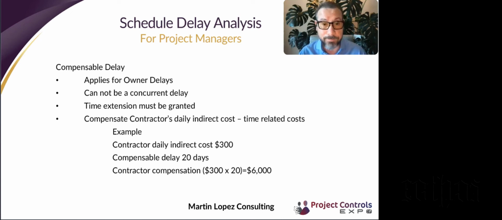For example, if the contractor daily indirect cost is $300 per day and the delay is 20 days, then the contractor is entitled to receive $600,000 for this particular delay.